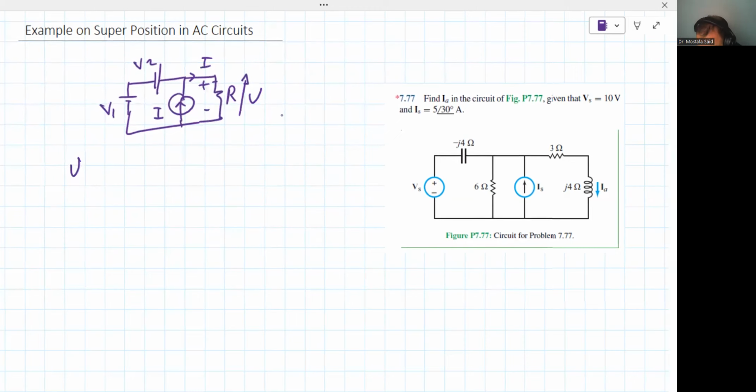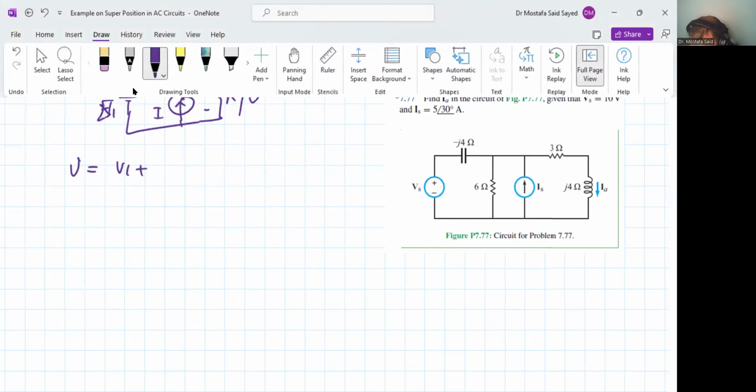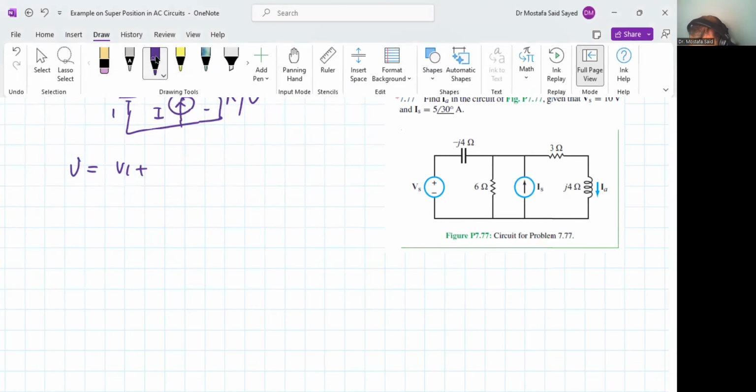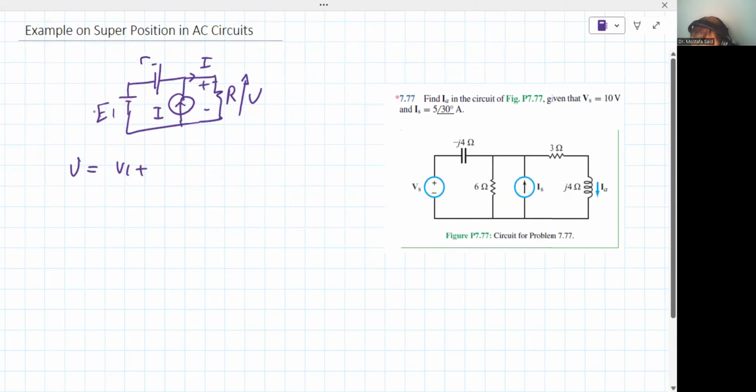Okay, so the V is basically V1 plus, not V1, let's call this E1, not to confuse ourselves. So E1, E2, and IS, for example, whatever. So V is equal to V1 plus V2 plus V3. What is V1?